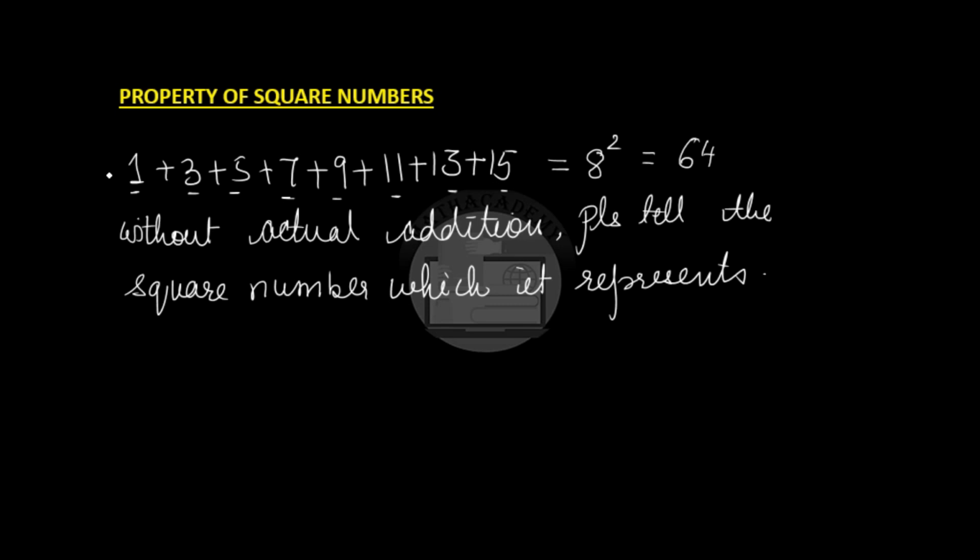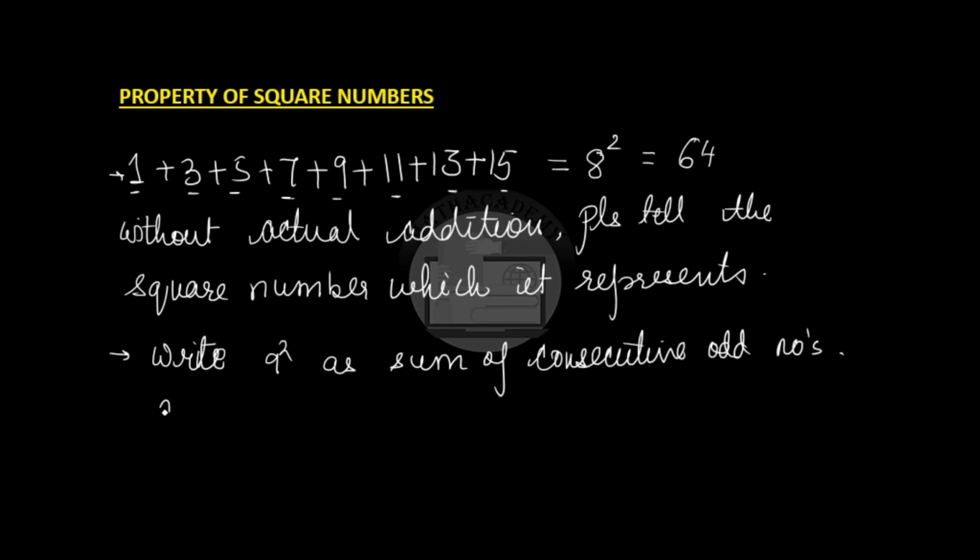The second question can be, write 9 square as a sum of consecutive odd numbers.